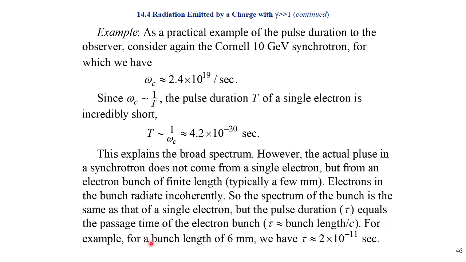For example, for a bunch length of 6 millimeters, tau is much longer compared with this one. That means the electron bunch is not one electron, but a bunch of electrons, and each bunch has many electrons.